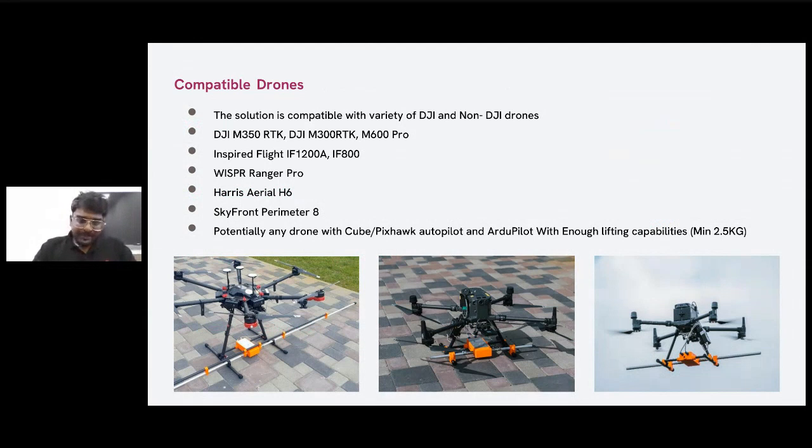The only criterion is that your drone must be equipped with an autopilot system such as Pixhawk, and must have a minimum payload capacity to lift the equipment itself. Usually the equipment is around 2 to 2.5 kg, so anything above that payload capacity would be good for use.